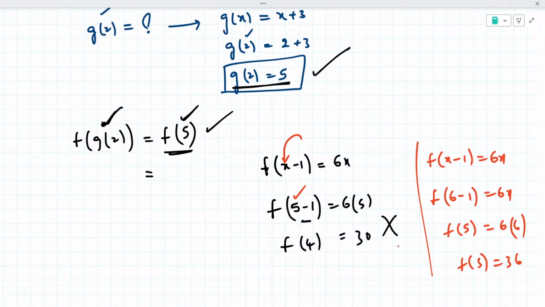Hope you got it. Just type yes if you got it. f of 5 equals 36.